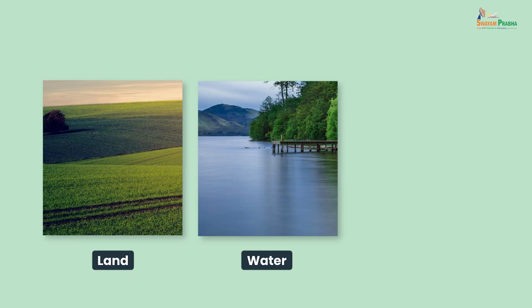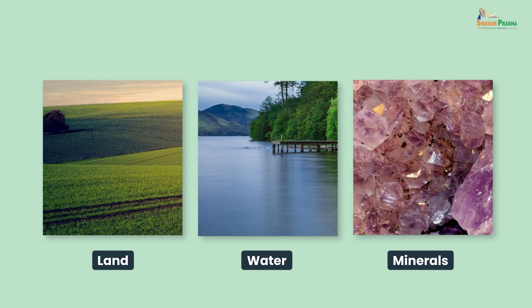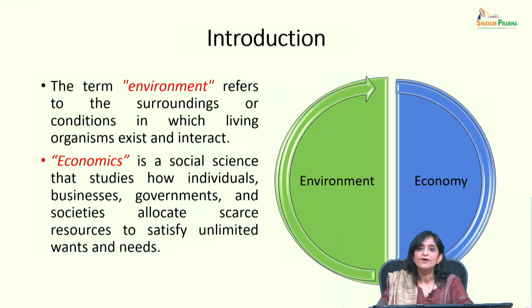Environment provides us with these resources in terms of land resources, water and minerals, and we use these resources for production as well as consumption. Not only this, when we do any type of economic activity, the environment also is a sink to take care of the waste that we make. So environment is giving to the economy.